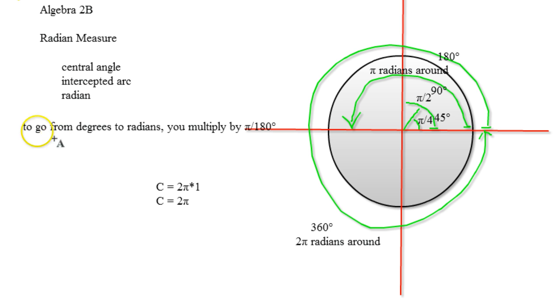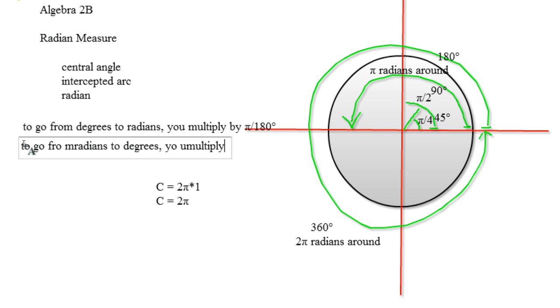If you wanted to go backwards, to go from radians to degrees, you multiply by 180 degrees divided by pi.